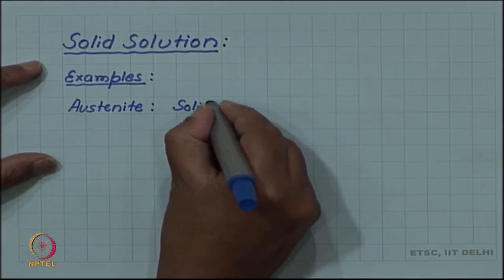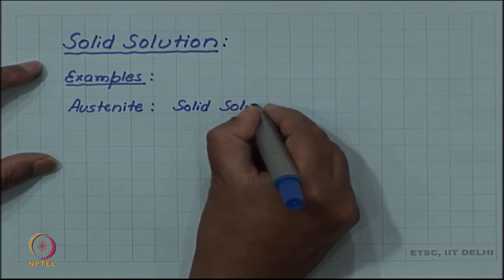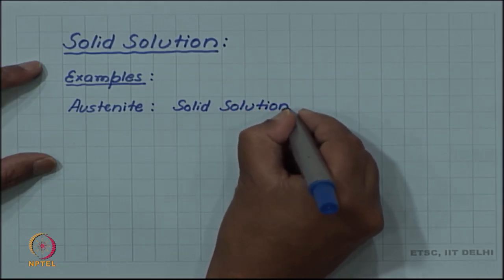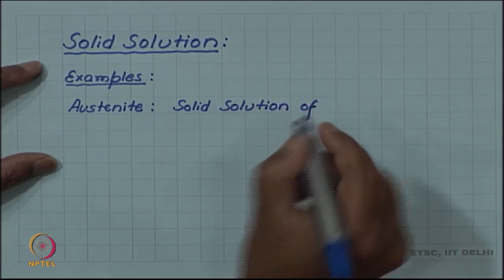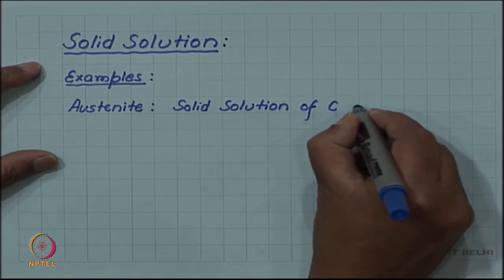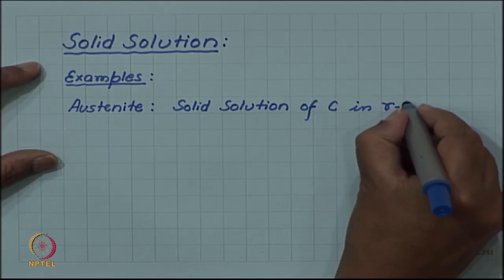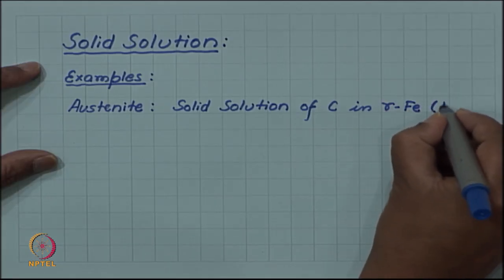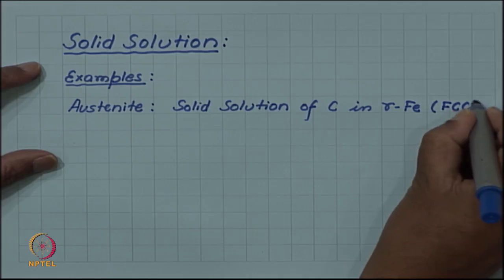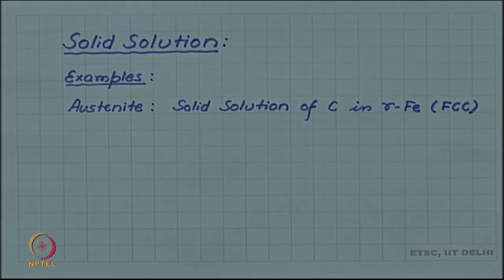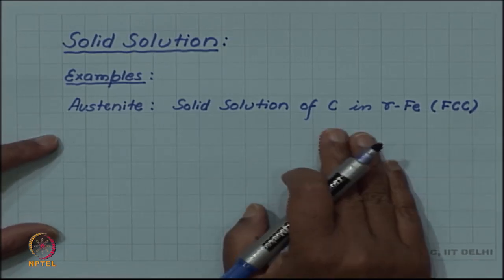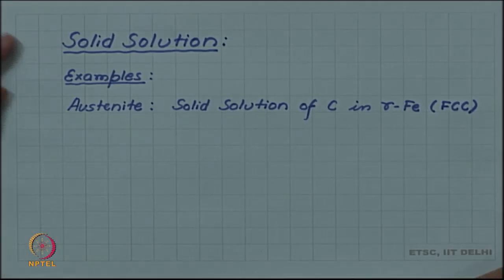This is solid solution of carbon in gamma iron. Gamma iron means FCC iron. Iron has more than one crystal structure, in particular FCC gamma iron and BCC alpha iron. So, austenite is solid solution of carbon in gamma iron.